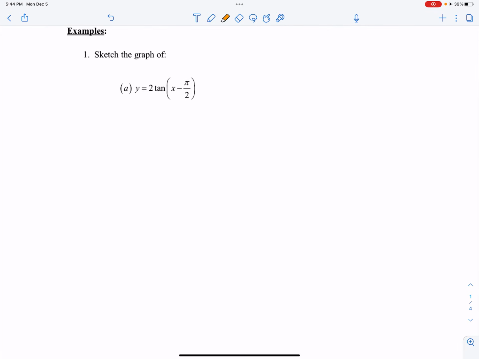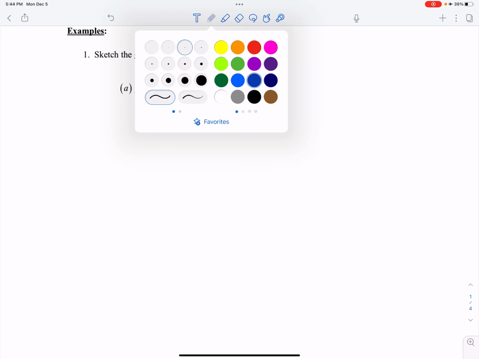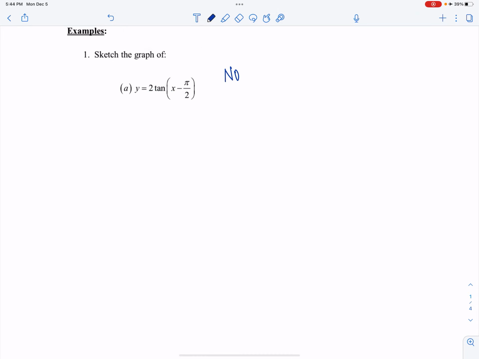First, let's sketch the graph of y equals 2 tangent of x minus pi over 2. Now, something that we should know about tangent is that tangent is normally undefined at certain points, and those would be at negative 3 pi over 2, negative pi over 2, pi over 2, 3 pi over 2, and so on.